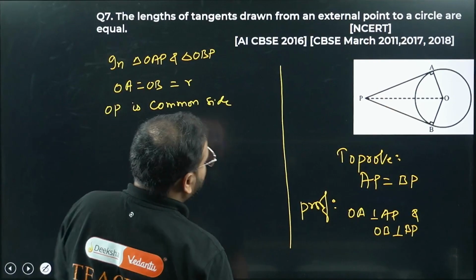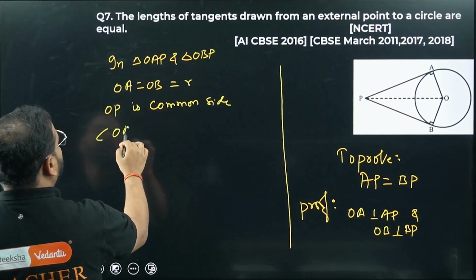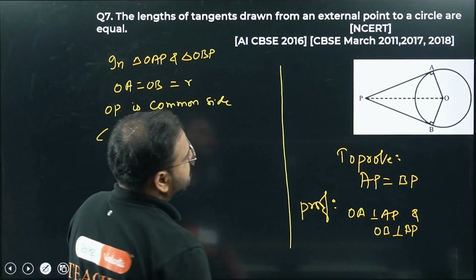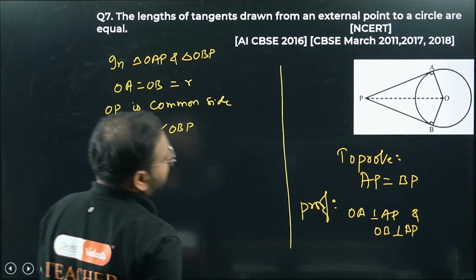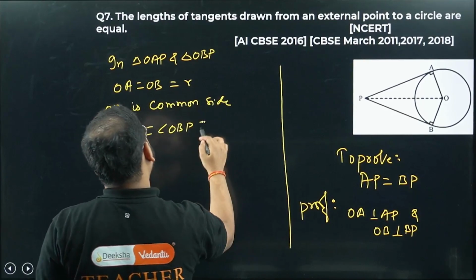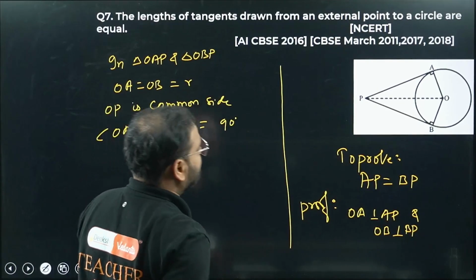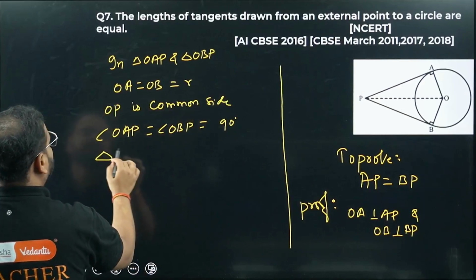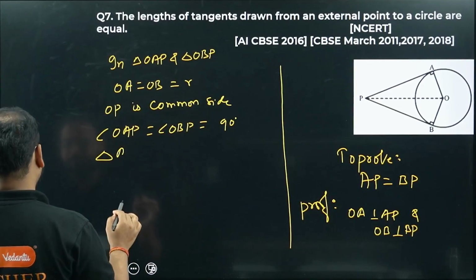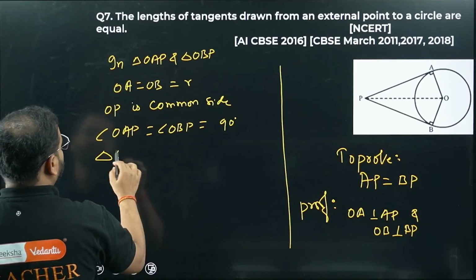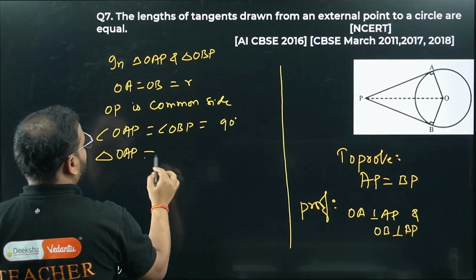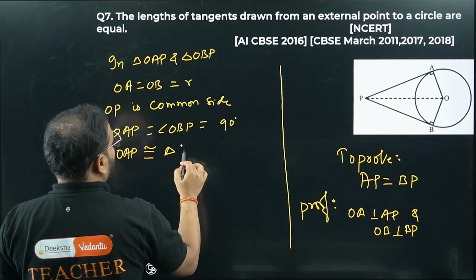What else am I getting? Angle OAP is equal to angle OBP. How? Both of them are 90 degrees. So triangle OAP is congruent with triangle OBP.